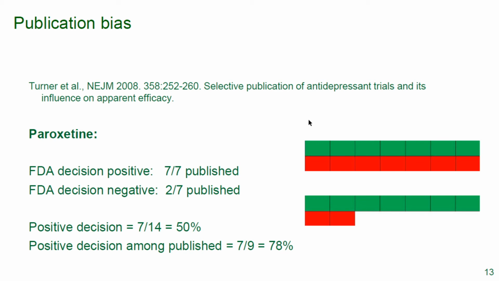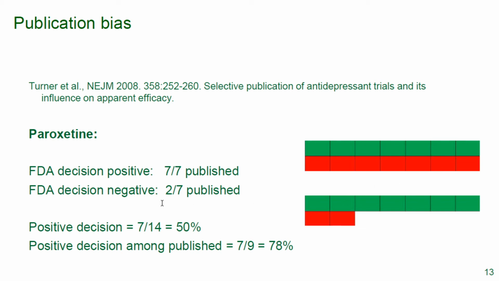Now I would like to give a very concrete example from the study by Turner and colleagues on antidepressants, in particular paroxetine. Here is a simplified view of the results concerning paroxetine. I decided to focus on the 7 studies that led to a positive FDA decision and the 7 studies that led to a negative FDA decision. They are displayed here.